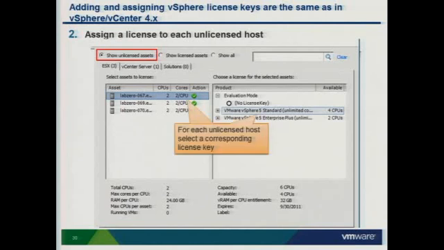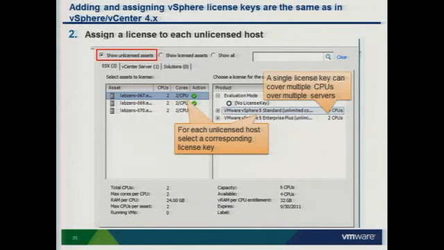You select one, and on the right side, you select the corresponding license key that you want to assign to that particular host. As you can see on the right side, you have a list of license keys that you can pick from, depending on whether you have a single license key or multiple license keys or multiple editions, depending on which edition you want. You can do this process all at the same time.